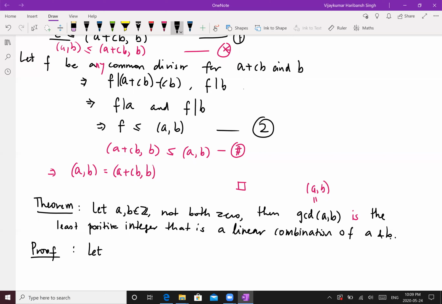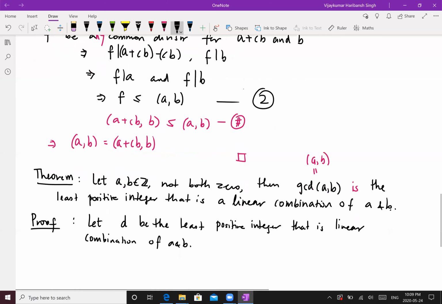Let D be the least positive integer that is a linear combination of A and B. Now, we should argue that such a thing exists.